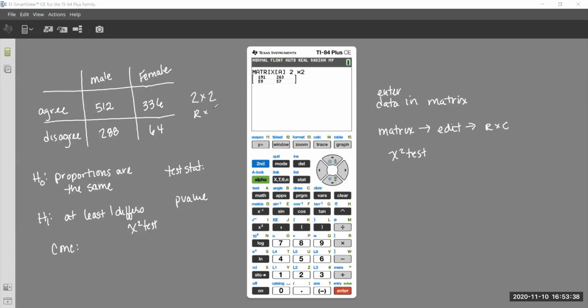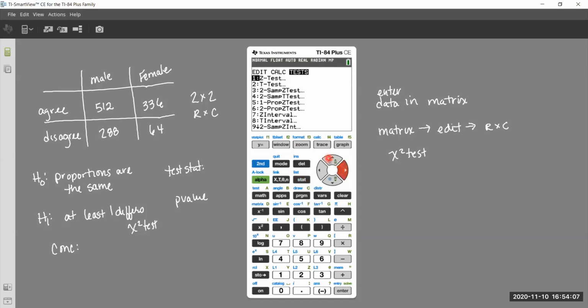The 2 by 2 can stay in there, and you can either press enter or arrow around. Then I'm just going to write over what's in there. Okay, so the data's in there.